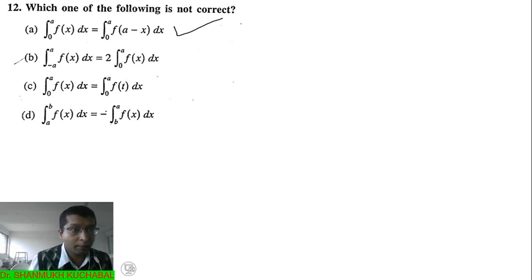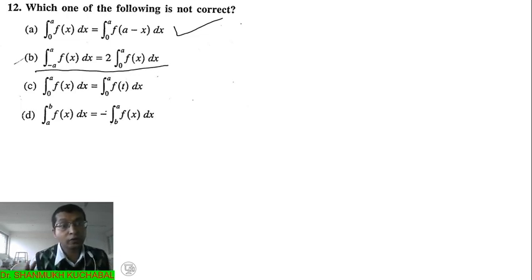In the second option, the integration from minus a to a of f of x dx is 2 times the integration from 0 to a of f of x dx. This is not true for all functions. If it is even, it will satisfy this relation. If it is odd, it does not satisfy. Therefore, B is a wrong answer.